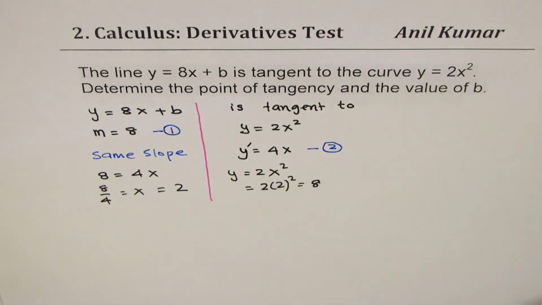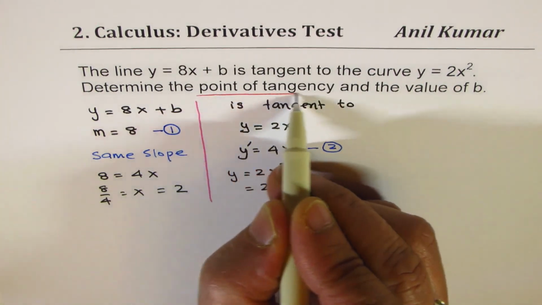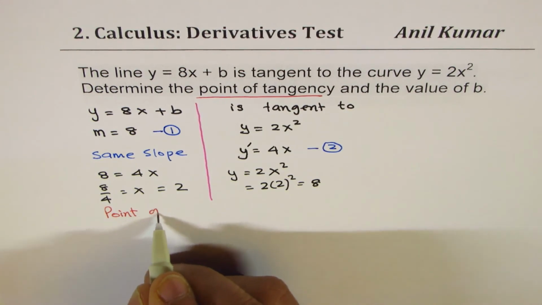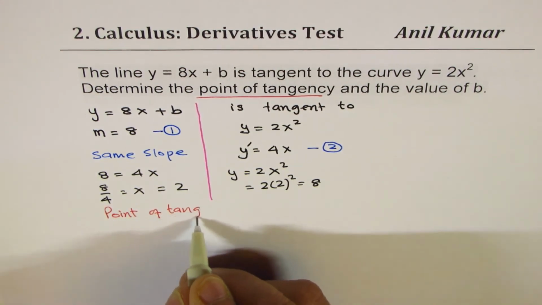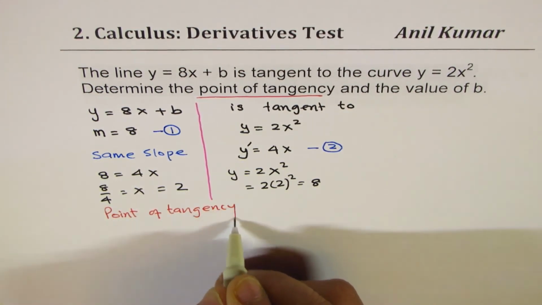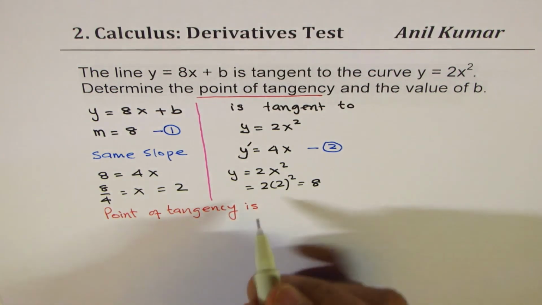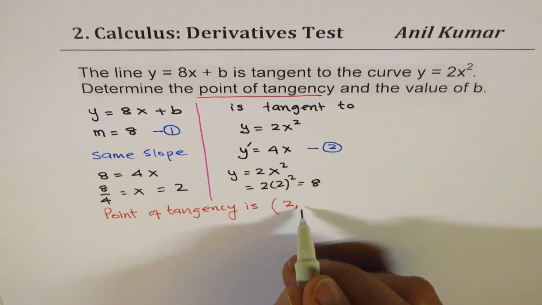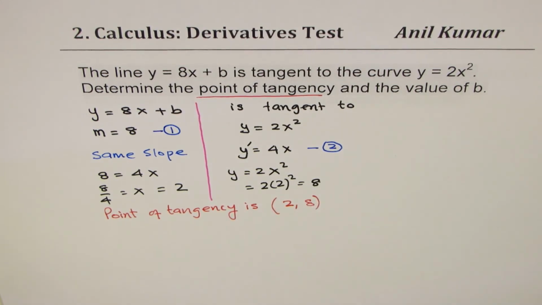So that gives us the answer for the first part, point of tangency: the x value is 2 and the y value is 8.